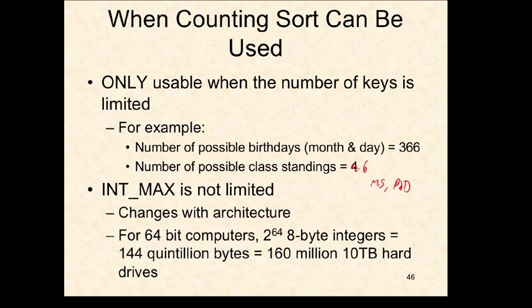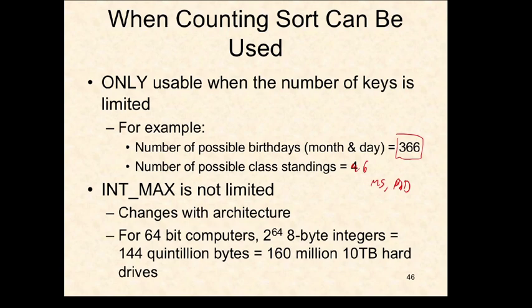If I wanted to sort everybody in EECS 281 by birthday, I know there's only 366 possible birthdays if we ignore year and just use month and day. That's a limited number.